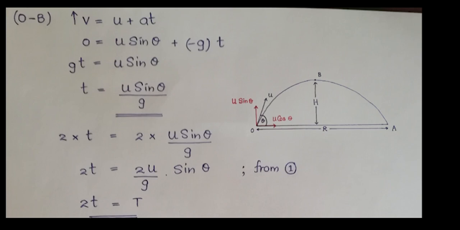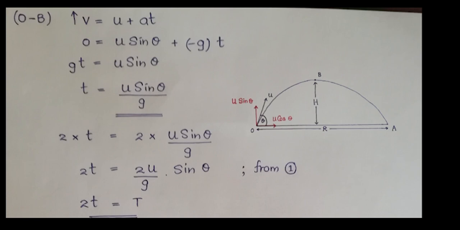When I multiply small t by 2, I get 2u over g sin theta, which is our capital T. By comparing small t and capital T, I can get a relationship. Small t into 2 equals capital T. That means the flight time of a projectile is equivalent to 2 times the time taken for the projectile to reach its maximum height.